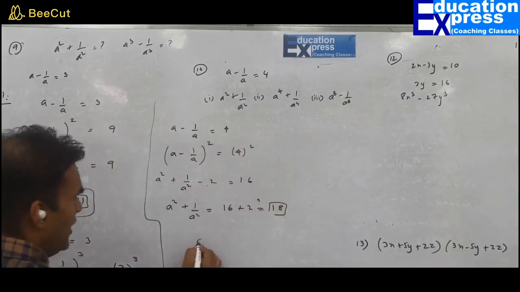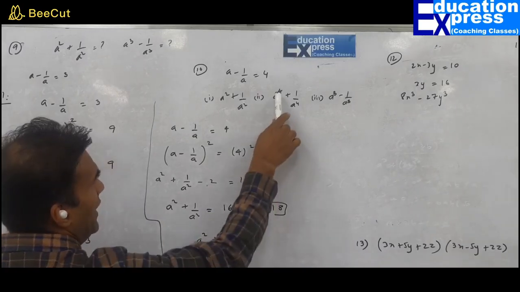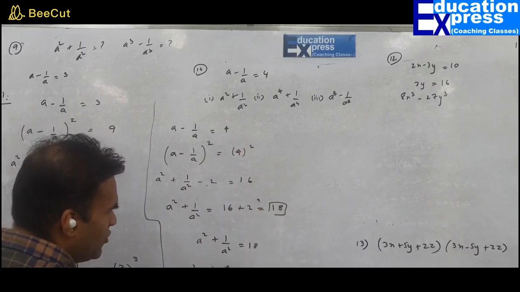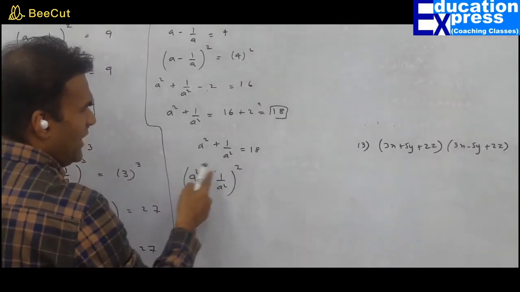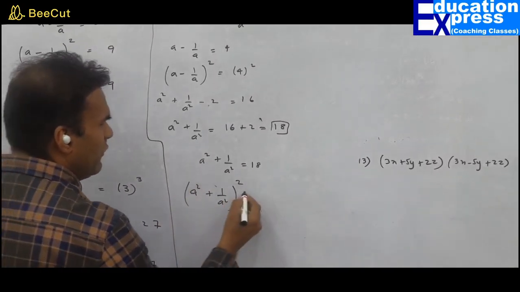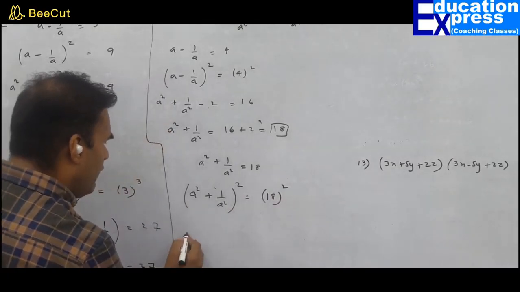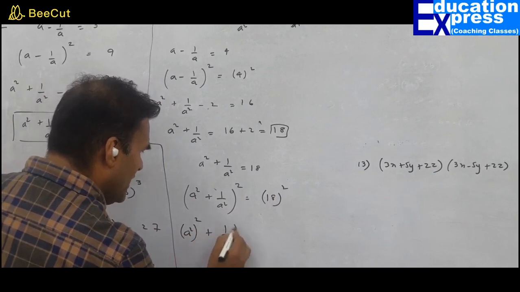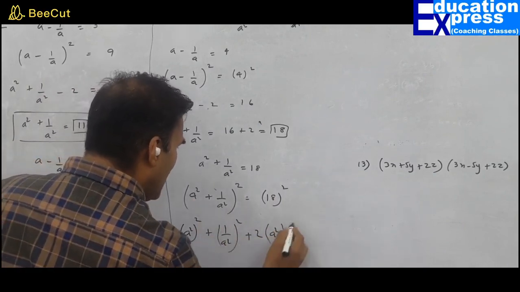So as you know that a square plus 1 upon a square is 18, and I want a raised to 4, what I do is square both sides of a square plus 1 upon a square, because if I take a square of this, only then there is certainty of getting a raised to 4. So this will become 18 square. What is the formula? a square plus b square plus 2ab.